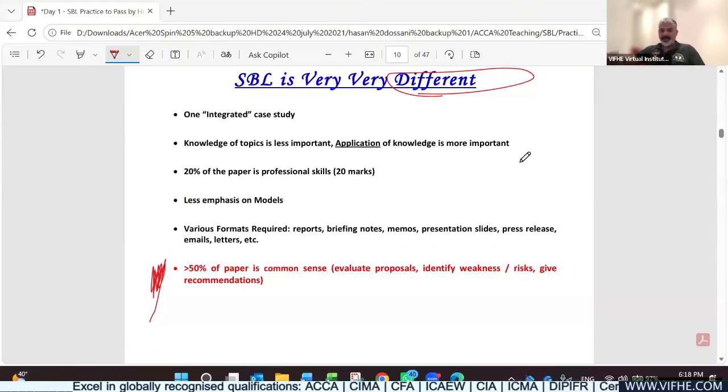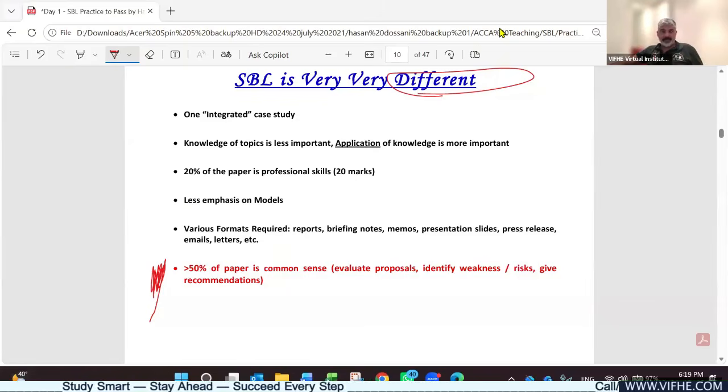Now, is that good news or bad news? Is that good news for you or bad news? Well, for some students, it's good news, because even if you have not studied the entire syllabus, you can still attempt 50% of the paper, provided that you are a logical thinker, a street smart person.